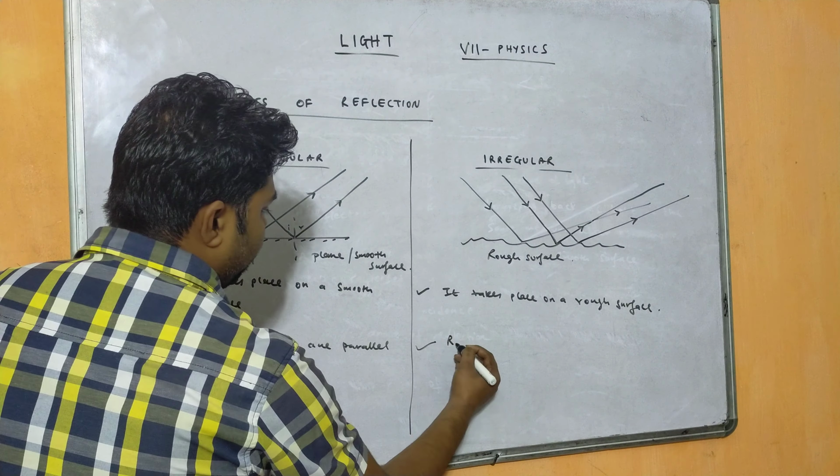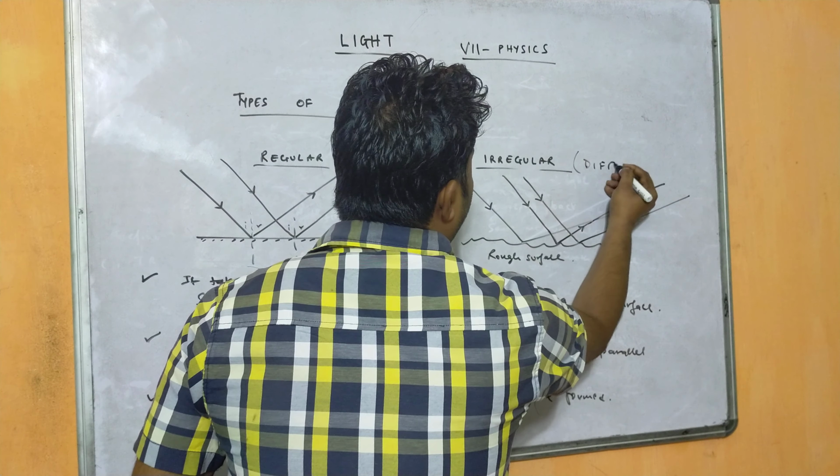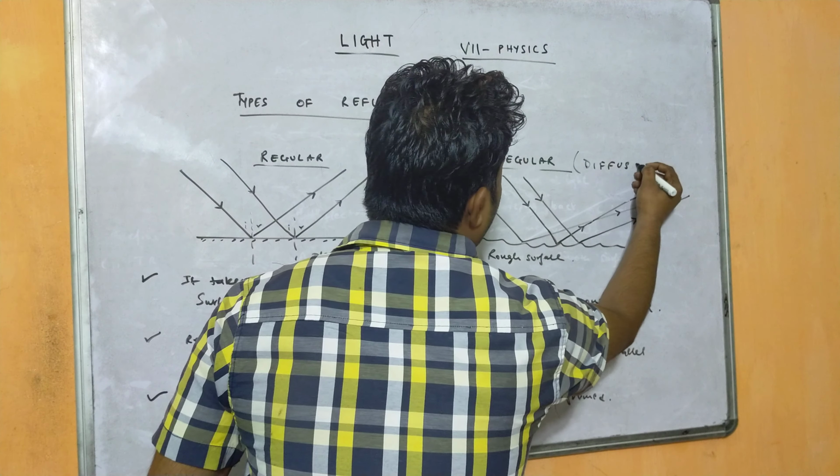Irregular reflection has another name also: it is called diffuse reflection. The images formed after reflection are not very sharp, it is just a glare. So these are the differences between regular reflection and irregular reflection.